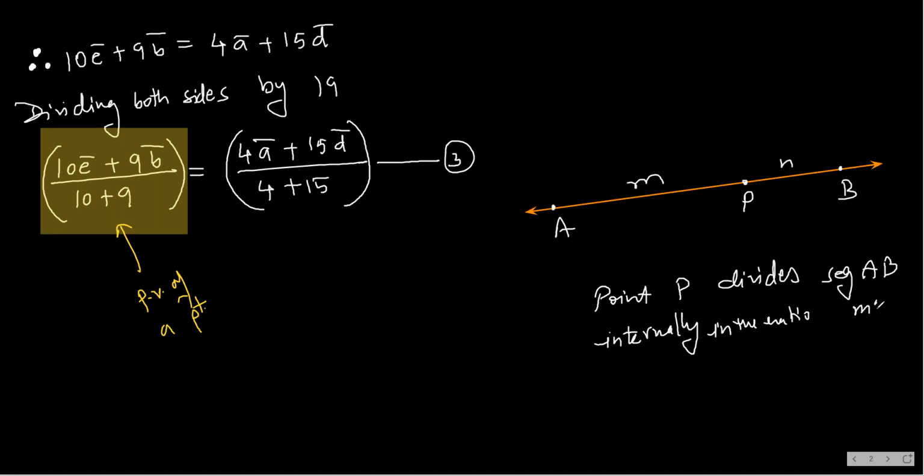You will write m is to n. And what is the formula then? You write the formula P bar as MB bar plus NA bar. See, this is B bar here. This is A bar here. So MB bar plus NA bar upon M plus N.